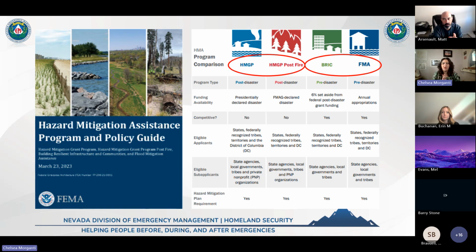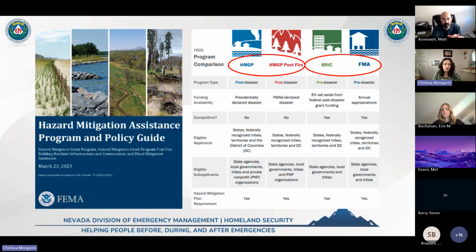I want to talk briefly about wildfire mitigation because we have that HMGP post-fire grant program coming up here, and the types of projects that Matt is going to get into, the kinds of projects that might be eligible under HMGP post-fire. So when you're talking about wildfire mitigation, there are fuels reduction where you're cutting either brush or large trees, canopy.